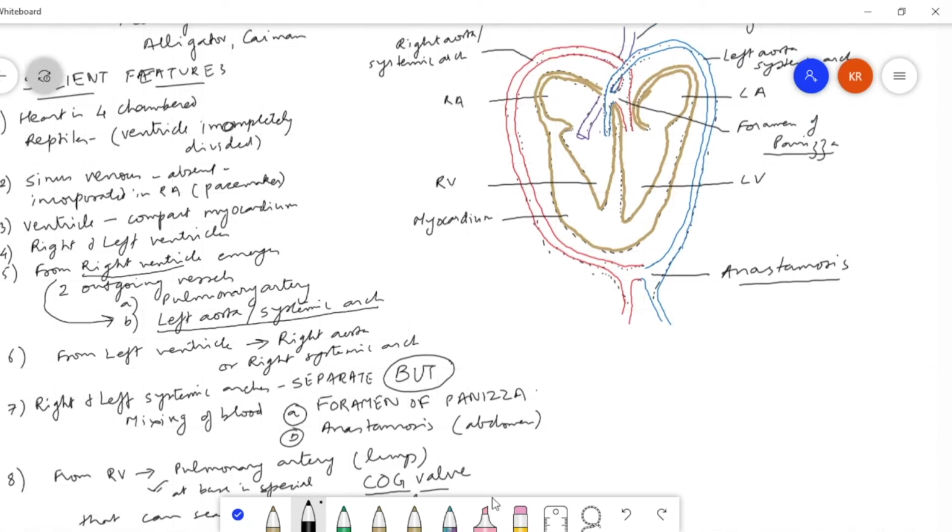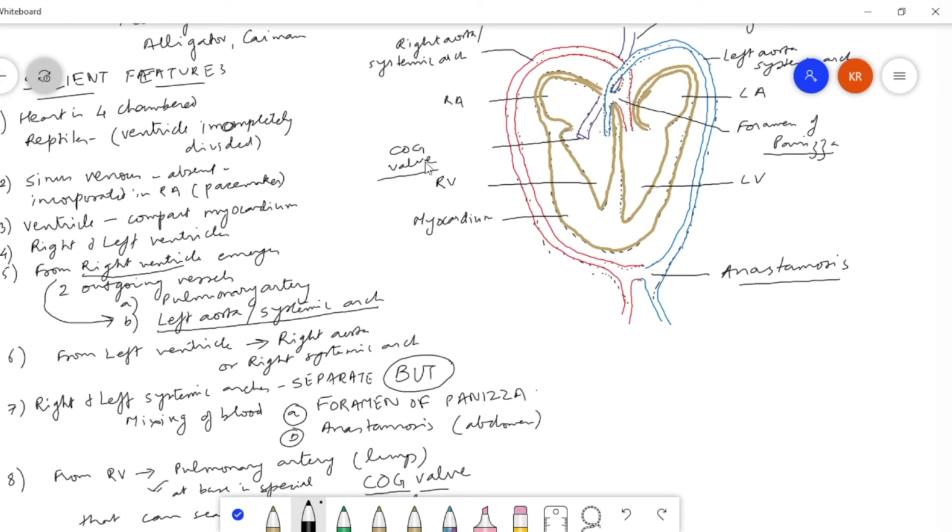So where will the cog valve be? At this point is the cog valve.